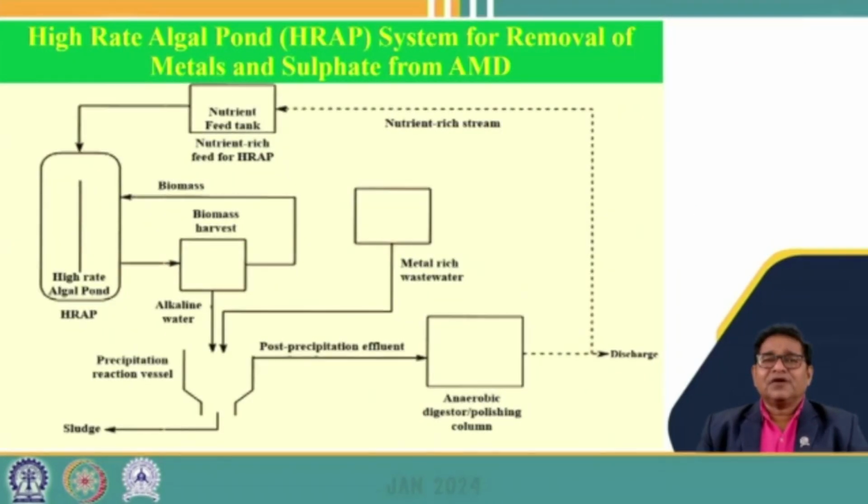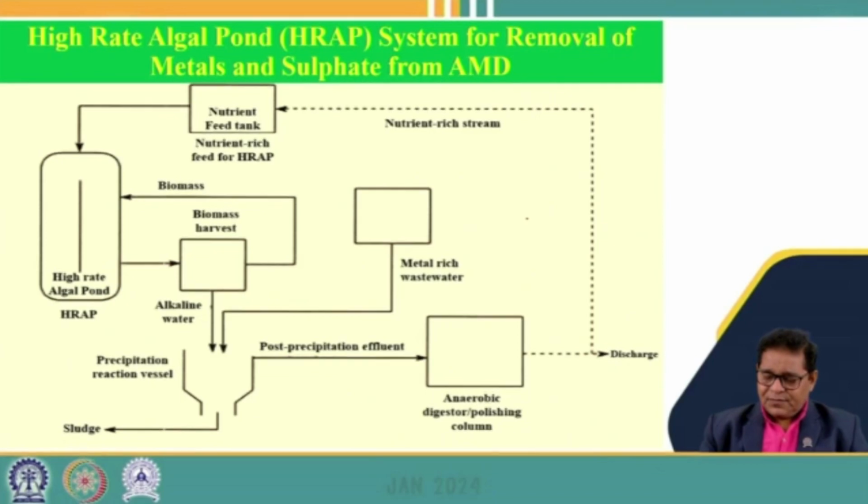This is basically a natural process where algae is produced, and during production of algae a lot of alkalinity generation occurs. So this alkalinity, which is produced through the yield of algae, is used here as a neutralizing agent for the treatment of acid mine drainage.